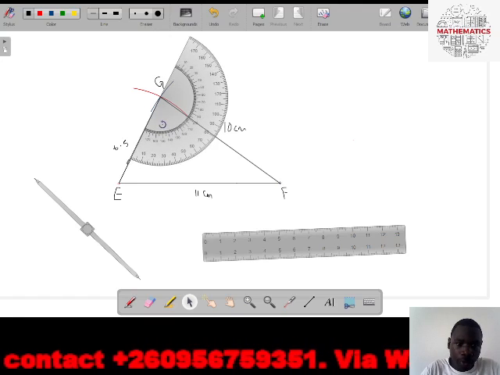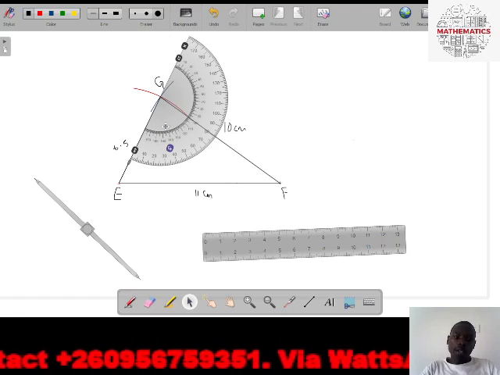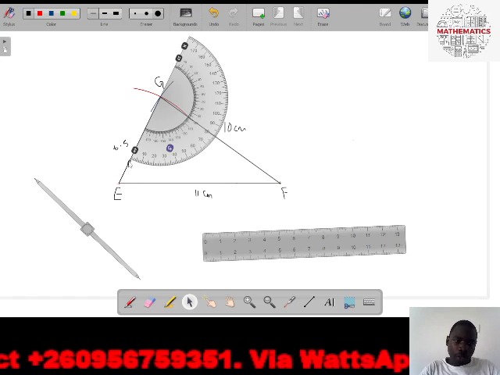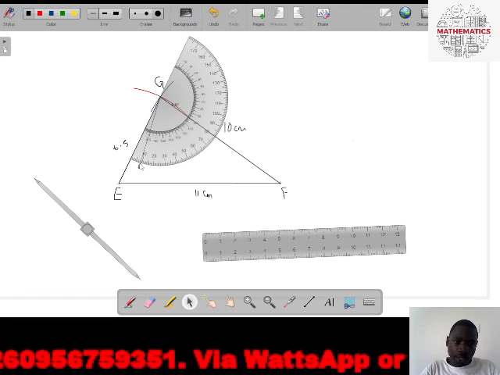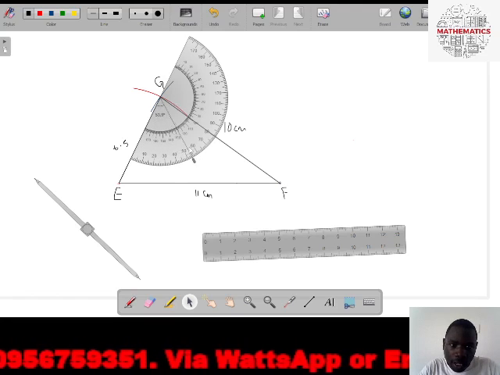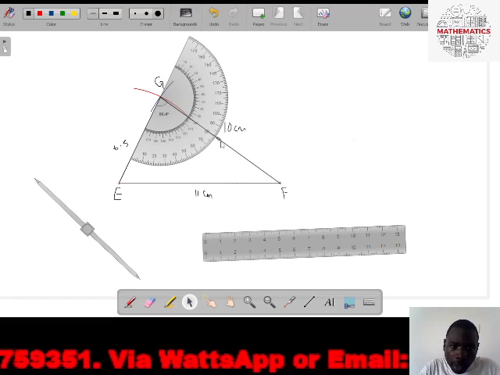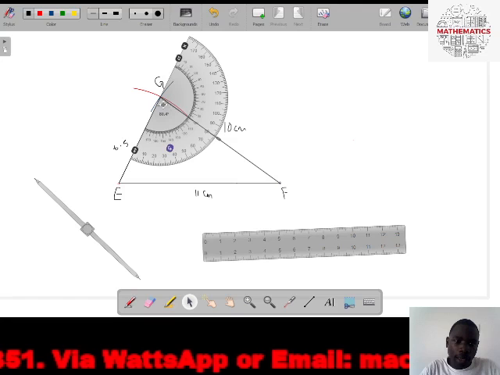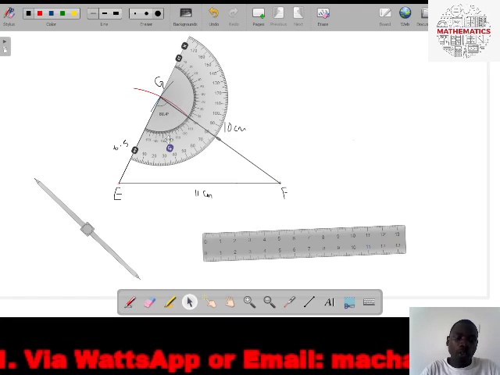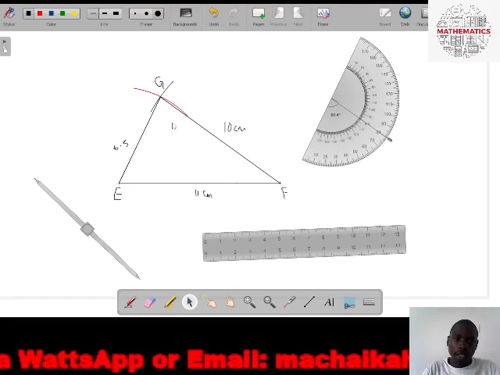So we can now get that angle there. How can we get that angle? We use this to measure it. As you can see here, it's 80.4 degrees. So this angle there is 80.4.